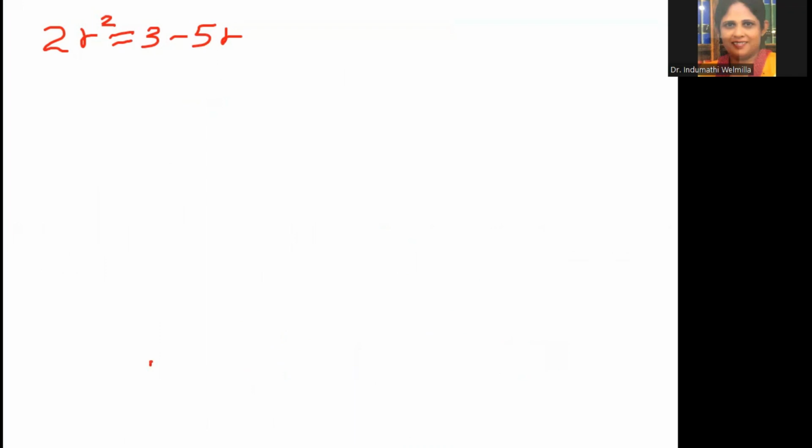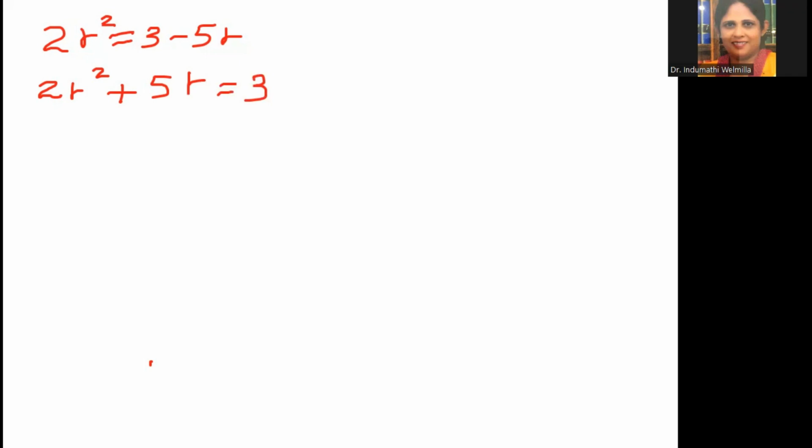To solve this equation by applying the completing square method, we need to convert this to the standard form. When we put it in standard form, it becomes 2r squared plus 5r equals 3, right?